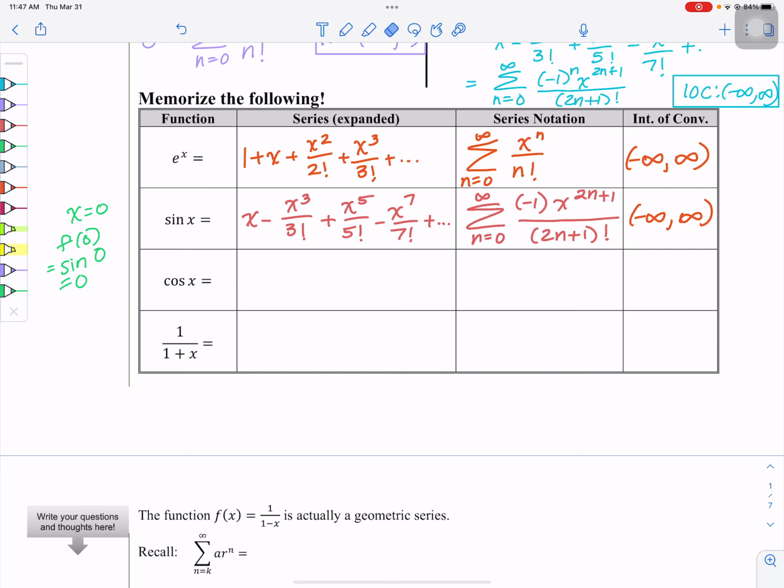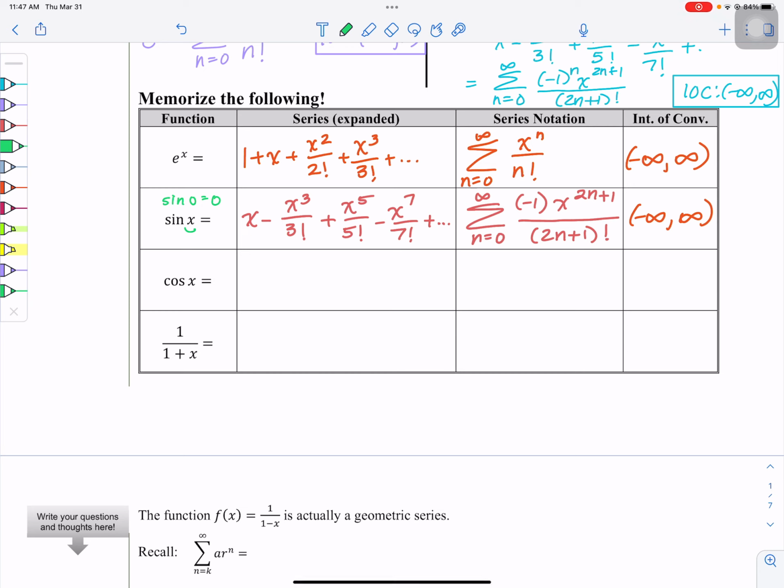You could also think of this as remembering this, and how I like to do it, is the sine of 0 is equal to 0. So x and x are both 0. Sometimes that helps.